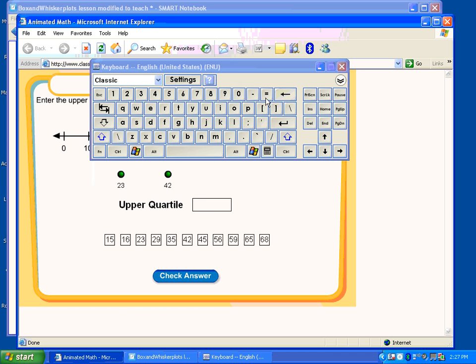Go. Upper quartile. Good check. Okay, so that makes up our box.